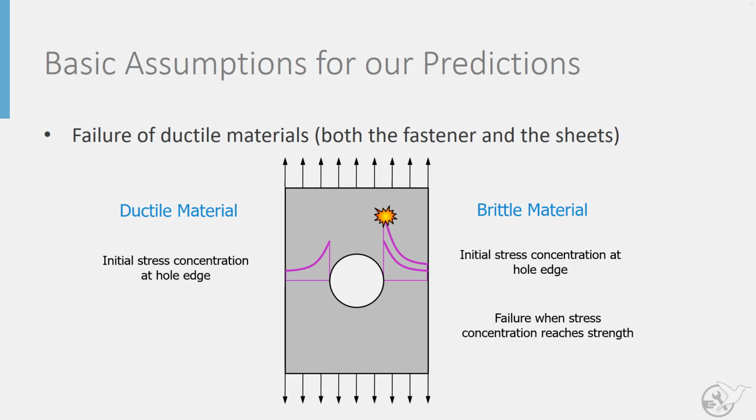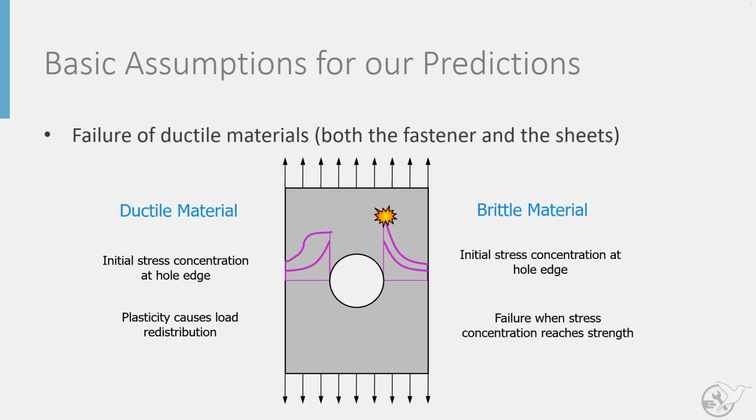In a ductile material, things are a little bit different. It will not suddenly fail like this. Rather, as we increase the load, the material will start to yield or plastically deform, which will cause a redistribution of stress along the width of the plate. It's a very easy and simple approximation that at final failure, you will have a uniform stress along the width of the plate equal to the ultimate strength of the material.